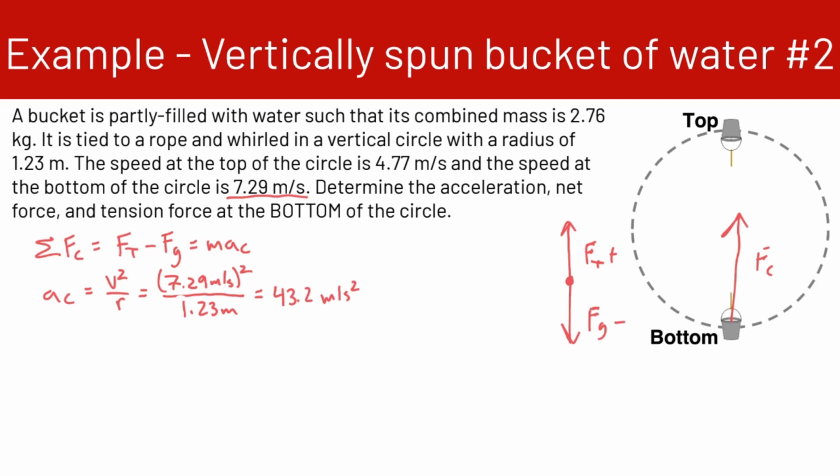Okay, so we've got our acceleration, so now we need to figure out the tension force, just like we did for the last half of the problem. So we have our sum of forces is tension force minus the gravitational force, which is 2.76 kilograms times 10 meters per second squared, and that's equal to our mass, 2.76 kilograms, times our centripetal acceleration of 43.2.